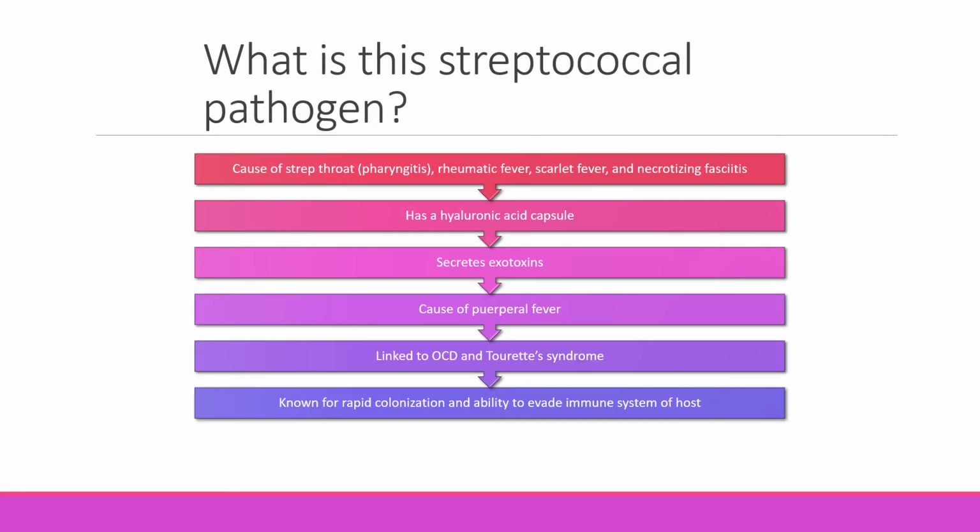Let's see if you can name this streptococcal pathogen from these clues. This pathogen causes strep throat, rheumatic fever, scarlet fever, and necrotizing fasciitis. It also has the ability to break down the hyaluronidase that allows for the cells of our tissues to stick together.